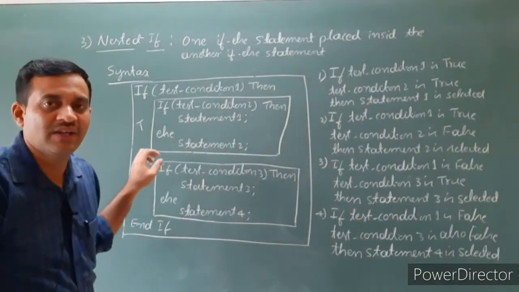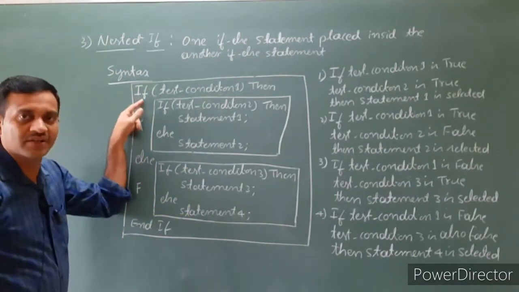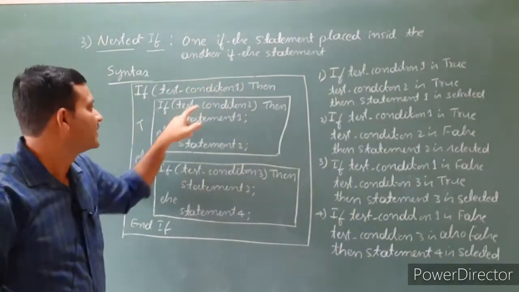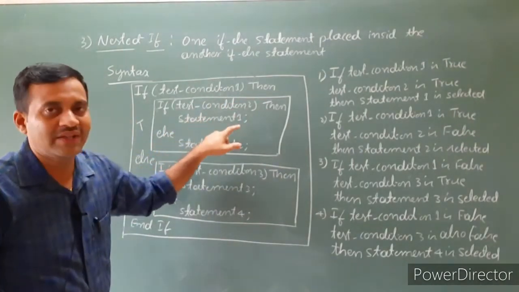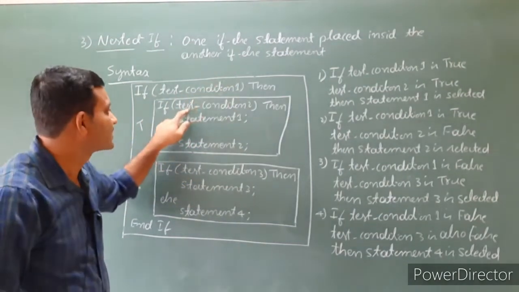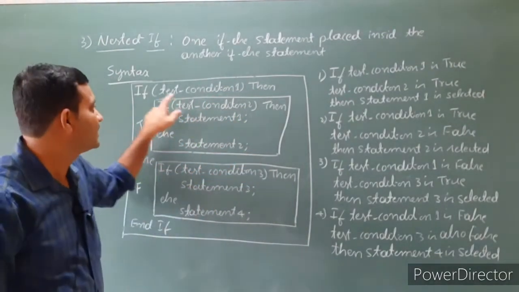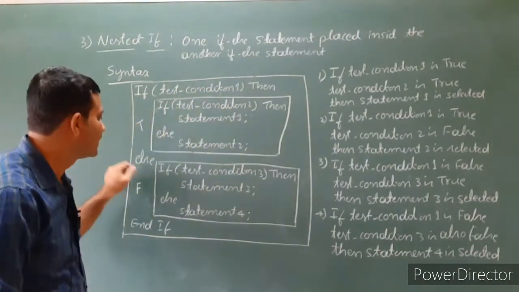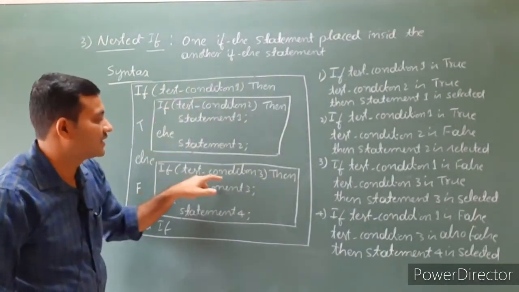The working principle of the nested if is, it begins with the keyword if. First verify test condition 1. If it is true, then verify test condition 2. If it is true, then statement 1 is selected for execution. If test condition 1 is true and test condition 2 is false, then statement 2 is executed. If initially test condition 1 is false, then we verify test condition 3.